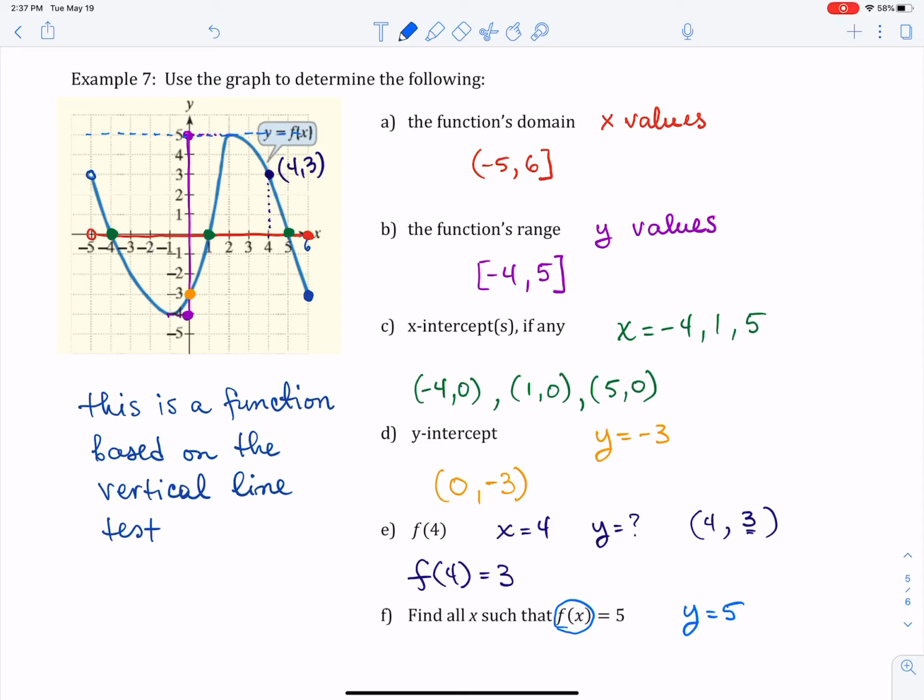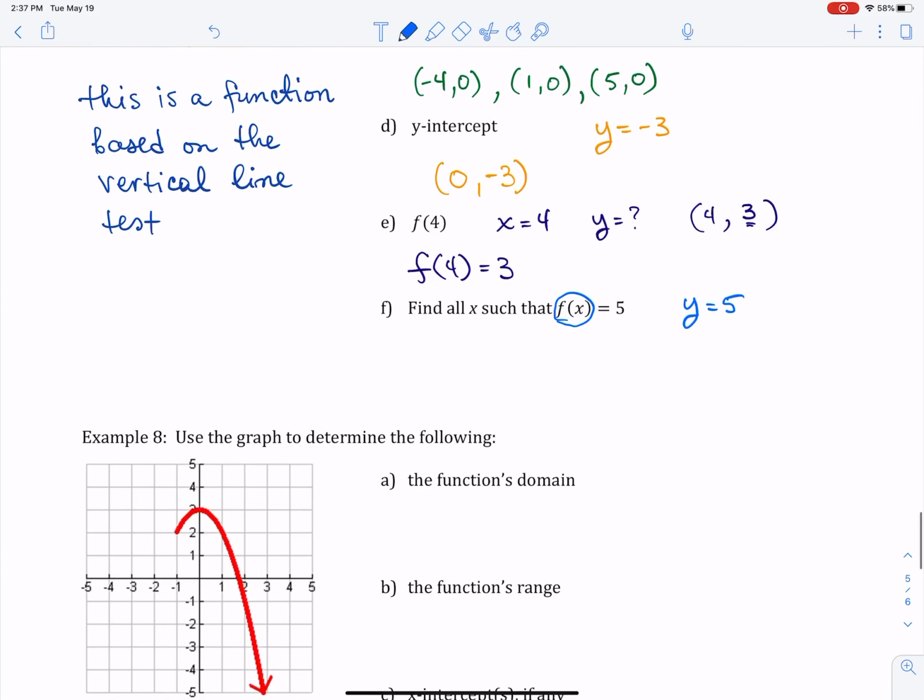And on this graph there is only one such. Maybe more, but in this case that's just one. And it looks like this is the point (2, 5). So then I would say for x is equal to 2, the y value is equal to 5. Or that's the same as the point (2, 5).